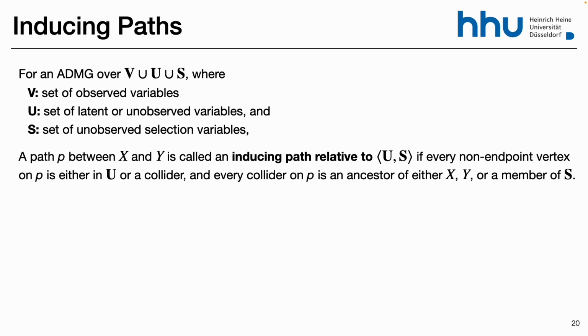So this definition is kind of reading the graph like this. Maybe they are equivalent. In this case, it's just an ADMG over V and U. So you can read it as a DAG over V, U and S. Maybe just replacing vertex with edge, but an edge can't be a collider, that doesn't make sense.